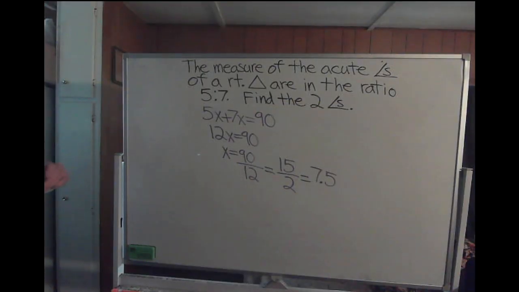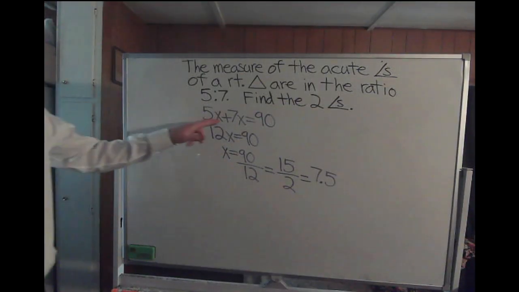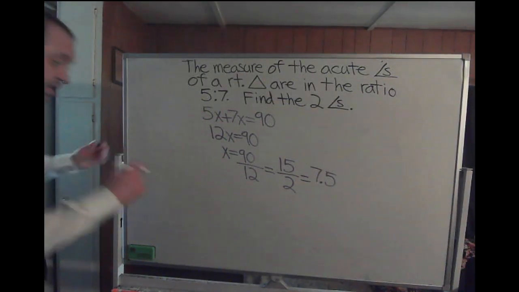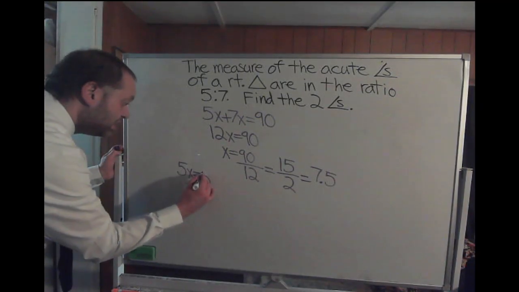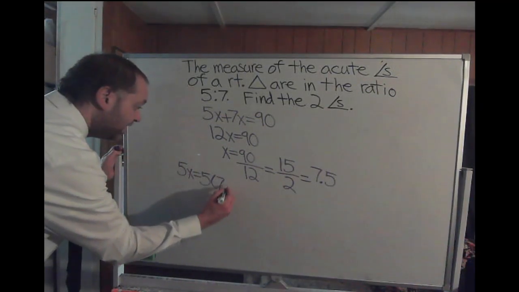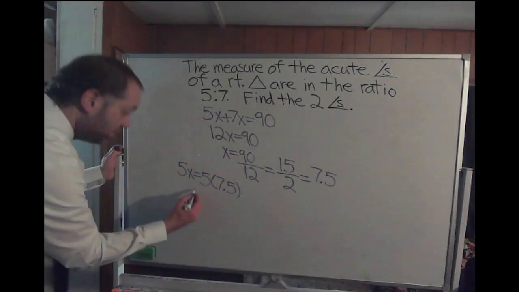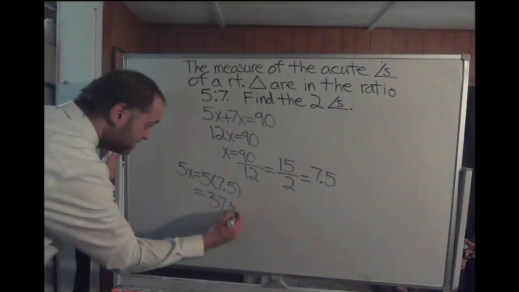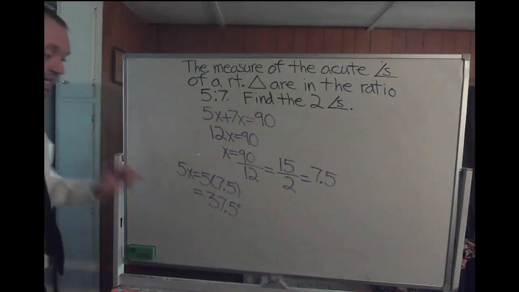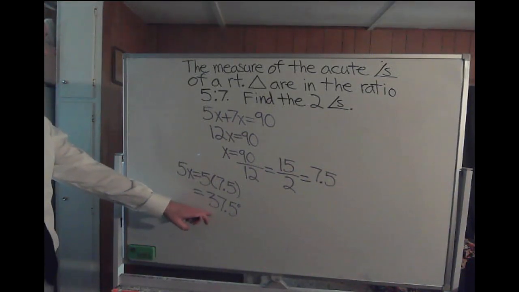Well, the two angles are 5x and 7x. So 5x would equal 5 times 7.5, which would have to equal 37.5 degrees. So your first angle is 37.5 degrees.